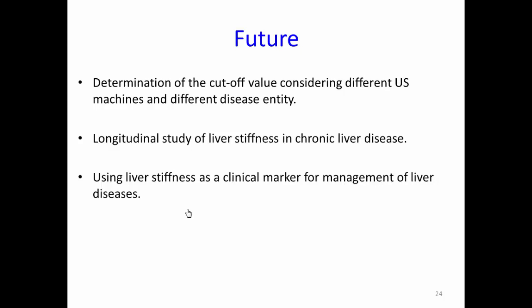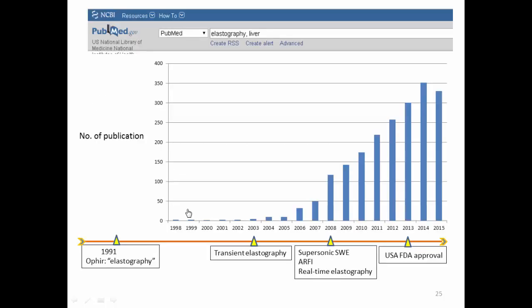So before it can be widely adopted in the clinical guideline or follow-up for the patient with this chronic liver disease, integration of the different vendors and cooperation between the researchers and the vendors are important to solve this problem. And as I have said, using liver stiffness, we can apply this technology not only for liver fibrosis, but also as a clinical marker for management of liver disease.